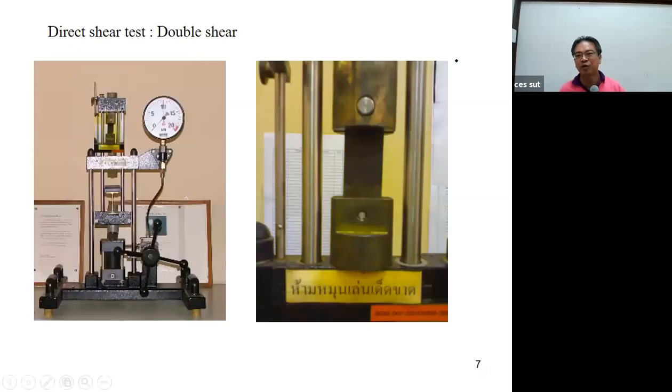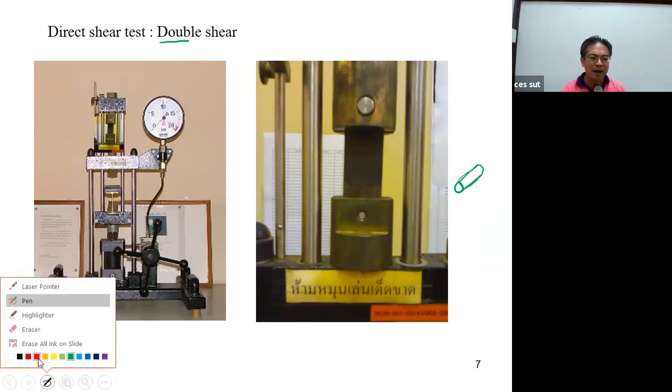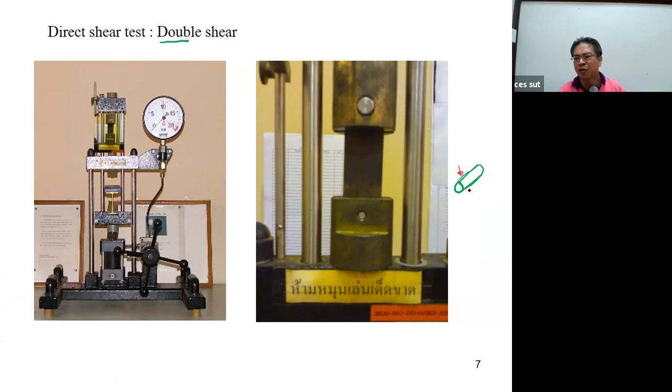Okay, come to the test. Let me start with the double shear of the metal. So the first step, you will have the metal specimen. It may be brass, copper, or maybe aluminum. You use the vernier and measure the diameter of this one.